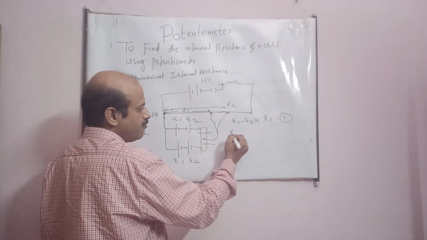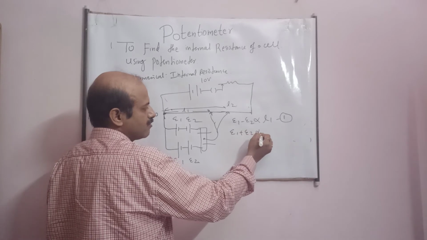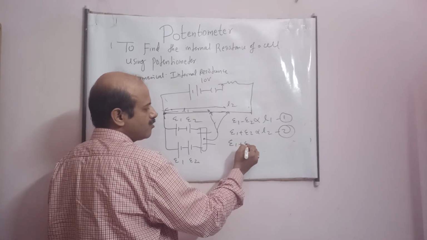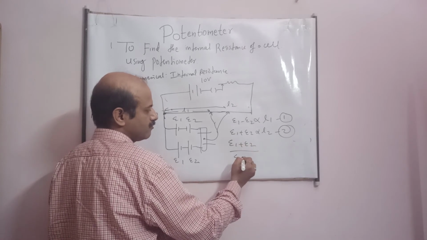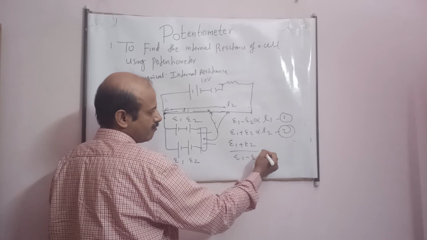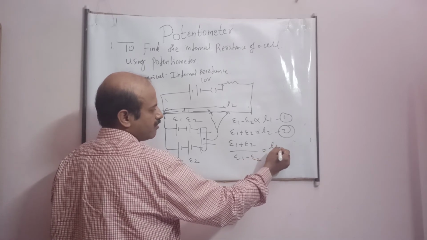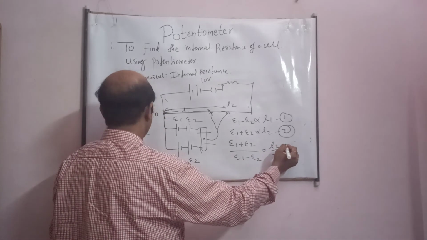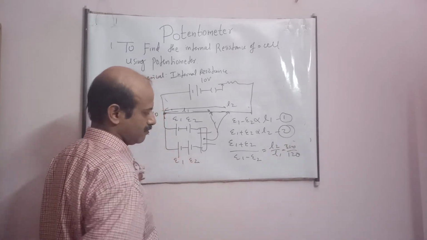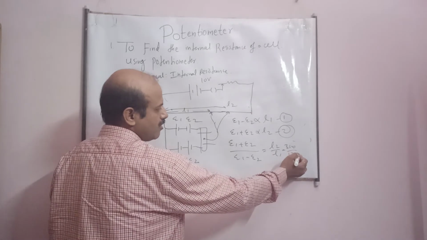The net EMF balanced is proportional to L2. Now if you, student, divide these two equations, then, student, you cross multiply it.